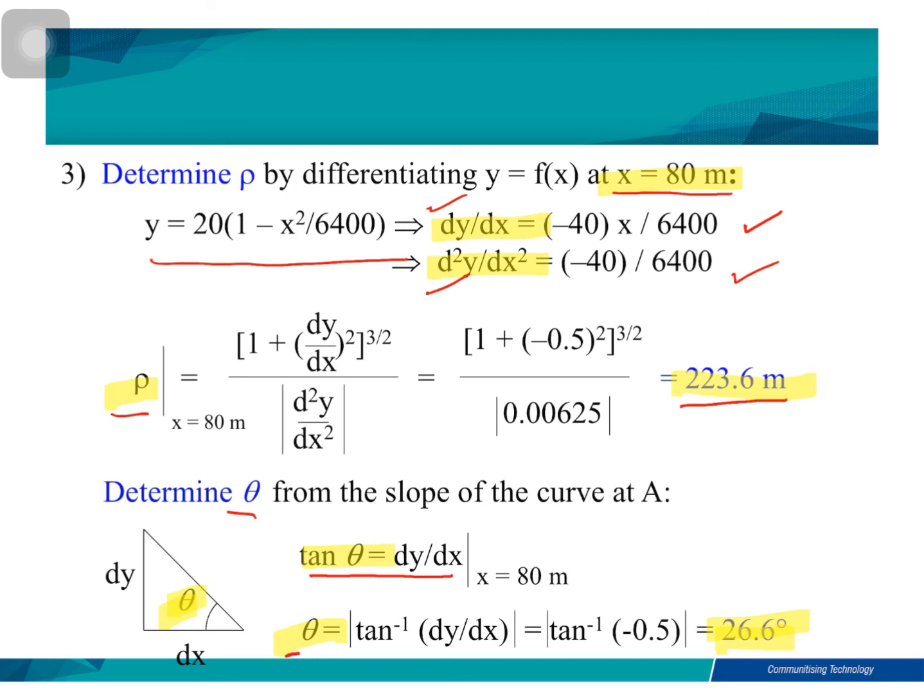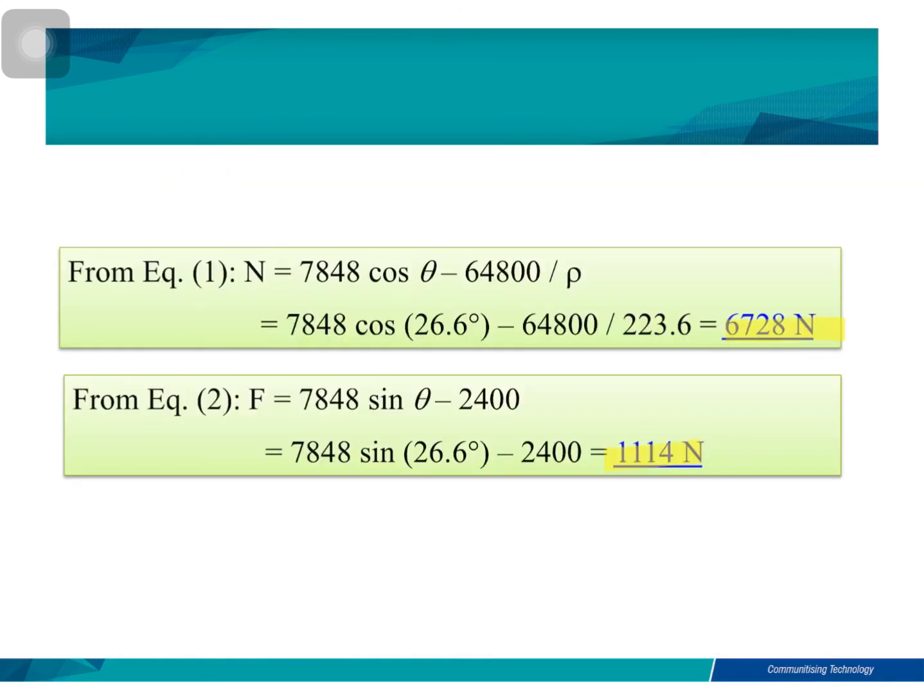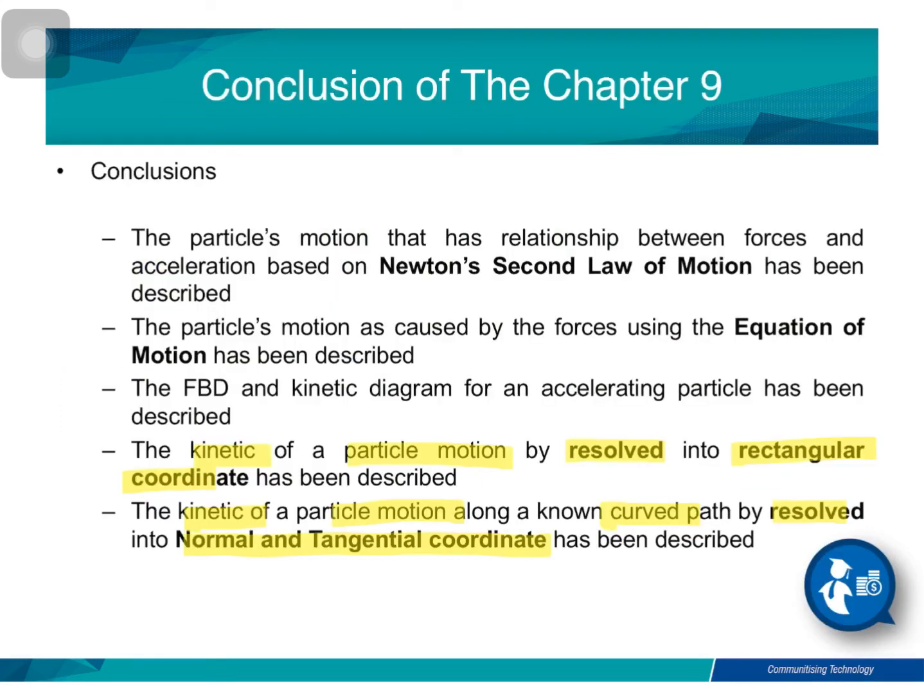So theta is equal to inverse tangent of negative 0.5, which gives theta equal to 26.6 degrees. You substitute this into equation 1 and equation 2. So the normal force is equal to 6,728 Newtons, and the friction force is equal to 1,140 Newtons.